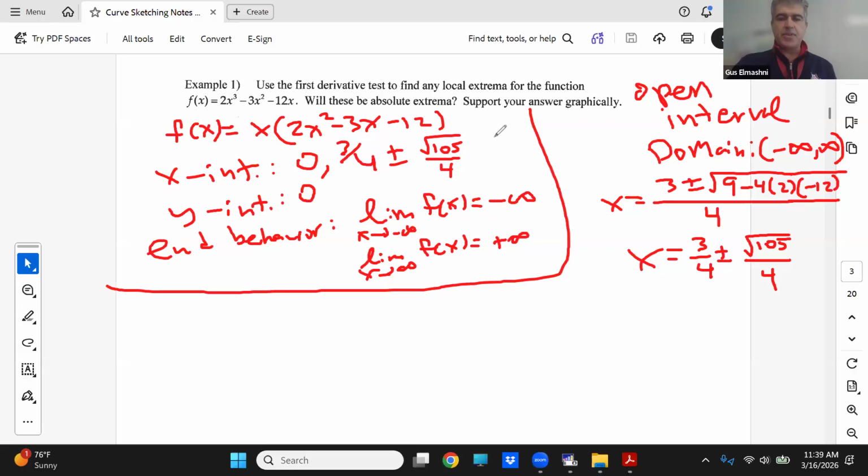Okay, we haven't done any calculus yet, right? Now let's do some calculus. F prime of x. What's that going to be? Okay. Now that I promise you is factorable. We're going to set it equal to 0 because this will help us find our critical points.